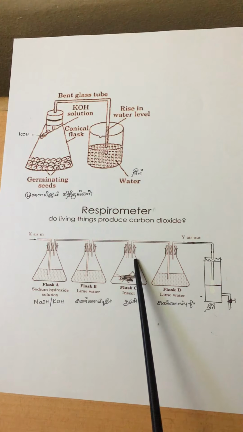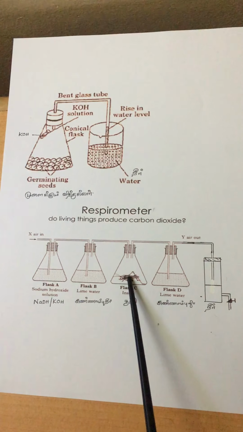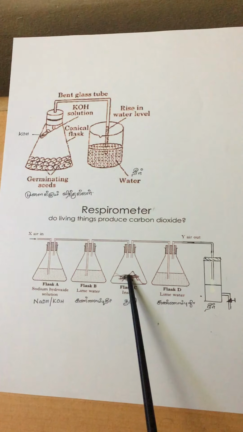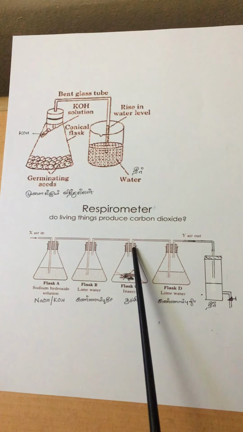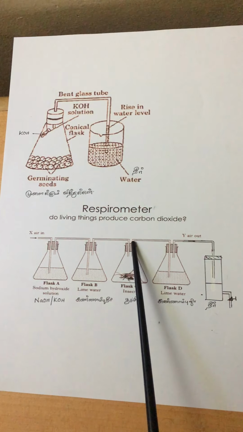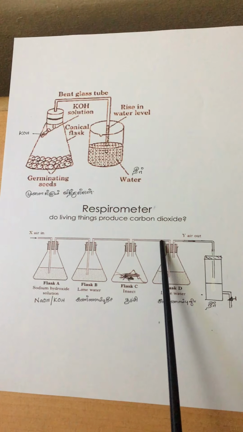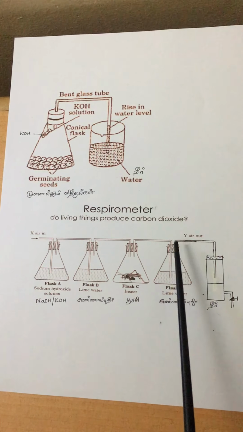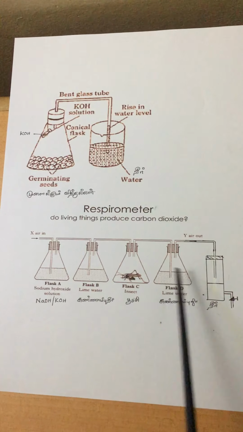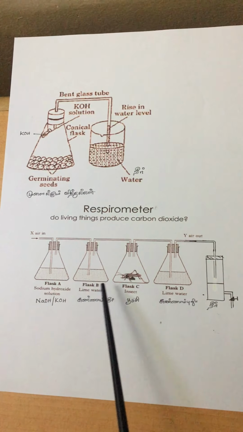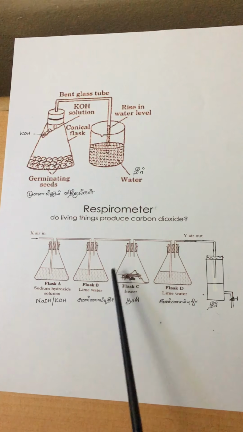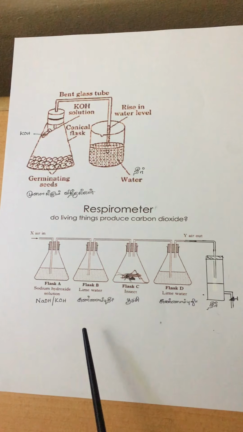But that CO2 is reabsorbed by the plants again for photosynthesis. Therefore, the air released from flask C does not contain CO2, so the lime water does not turn milky. So you can't get any conclusion when you use green plants in this experiment.